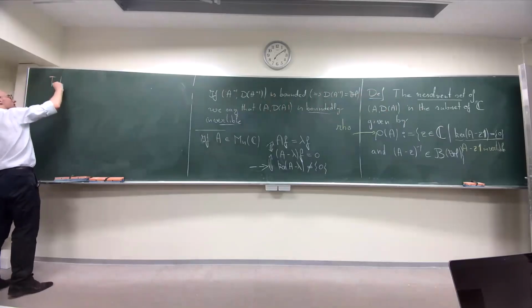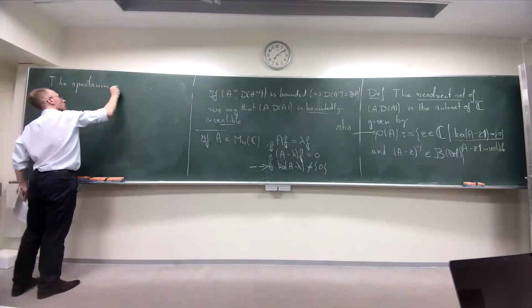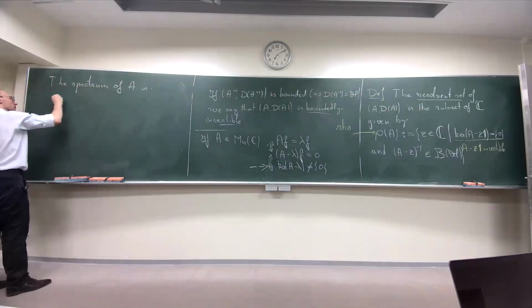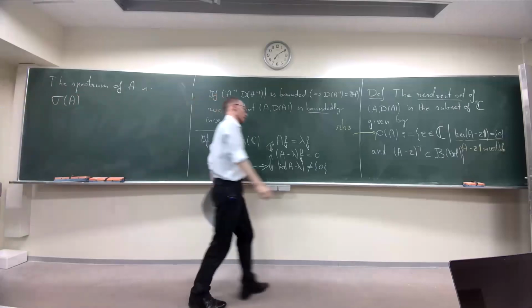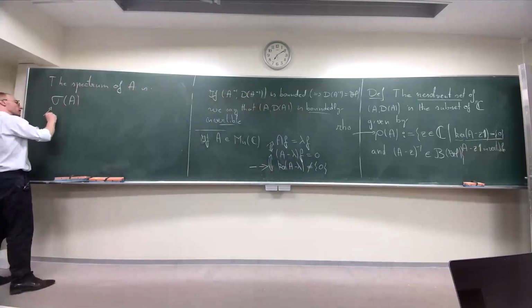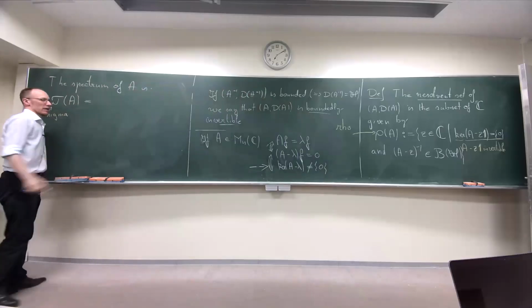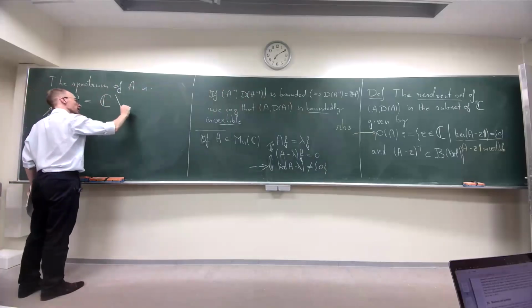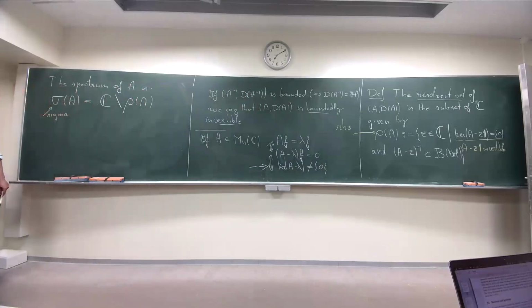The spectrum, still in the definition, the spectrum of A is, we usually use this, it's a common notation. It's called sigma. Sigma of A, it's the complement. So it is the set C minus rho of A. And I will be even more precise.